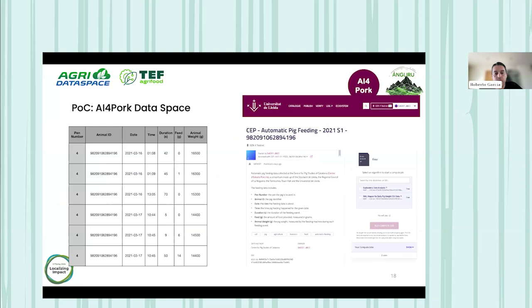Basically we're getting tabular data with each animal, the date, the time, how much feed they consumed, the weight of the animal, because they also weigh the animal each time they go to feed. So each machine is producing different kinds of data, maybe using different units of measure, different formats, different structures. These tables are different depending on the machine.